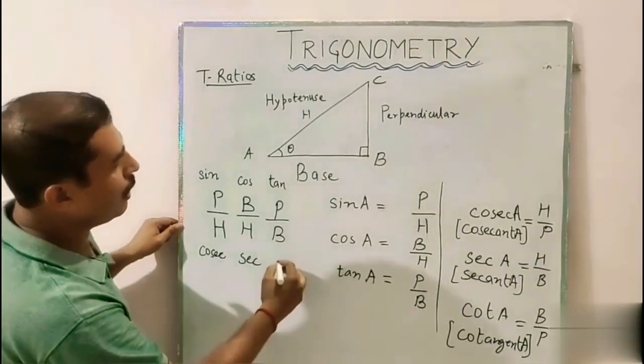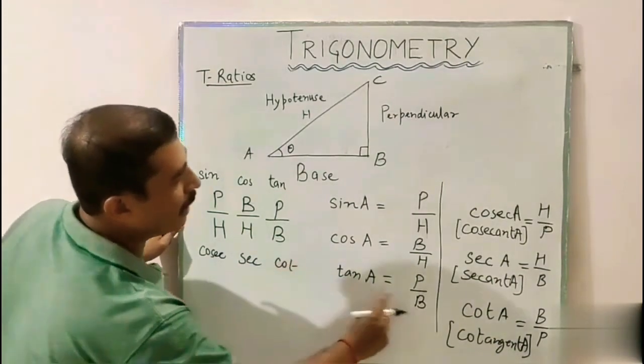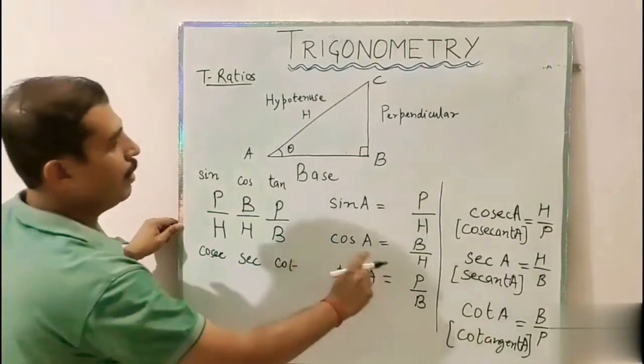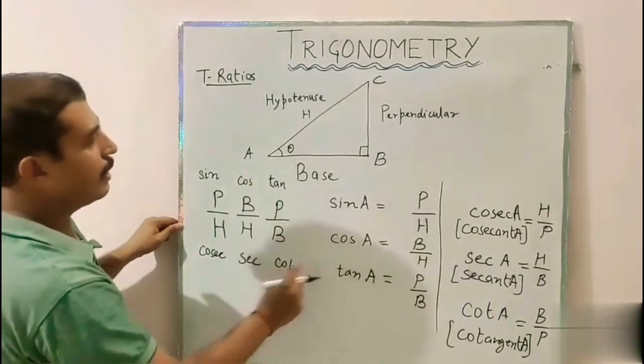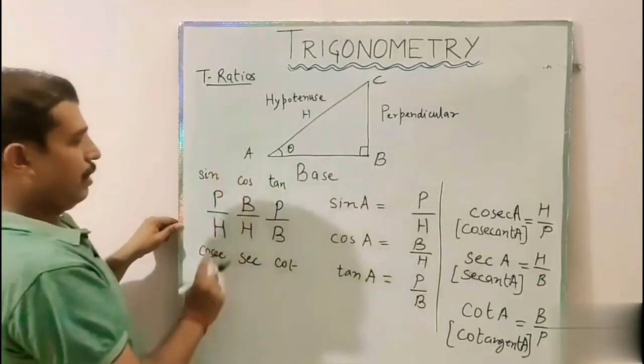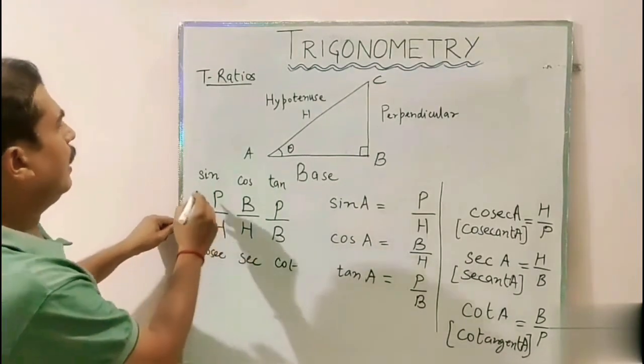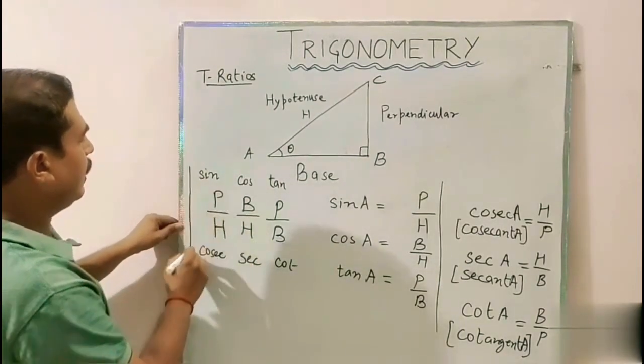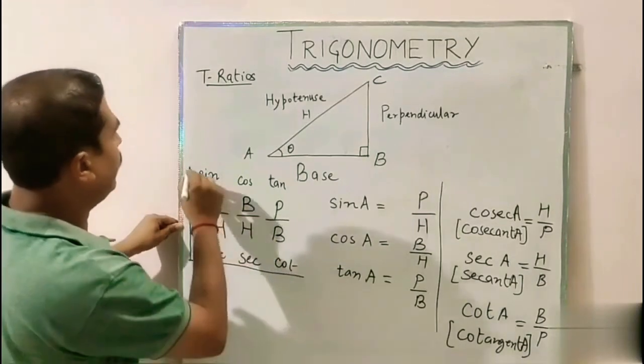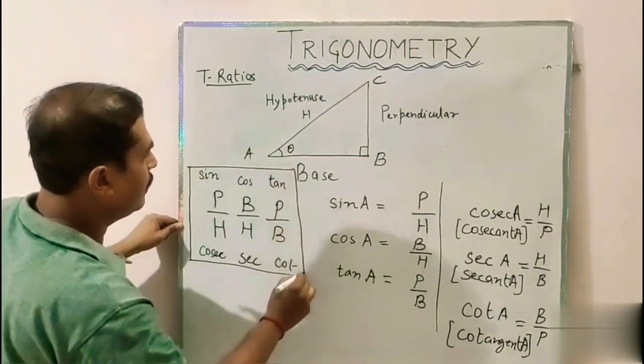The reciprocal of tan is cot. Tan's reciprocal is cot, cos's reciprocal is sec, sin's reciprocal is cosec. So we have these 6 ratios. Let us learn it in a very easy way.